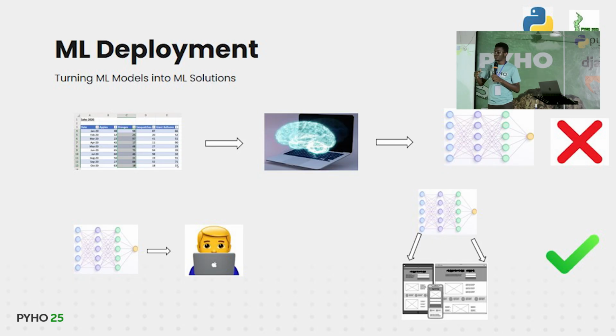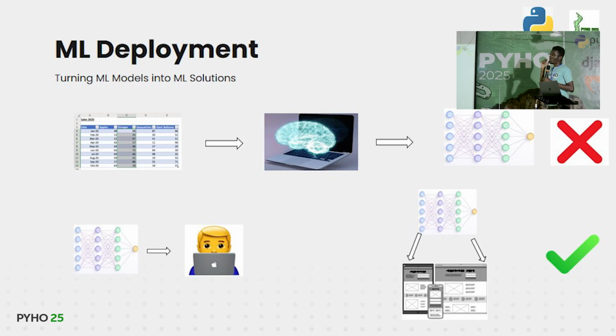When that happens, you know the repercussions: the people who are using your web application start complaining, and you are losing customers at that point. So when you are deploying your model, make sure you are looking at latency and other things that I'll touch on later in this workshop.